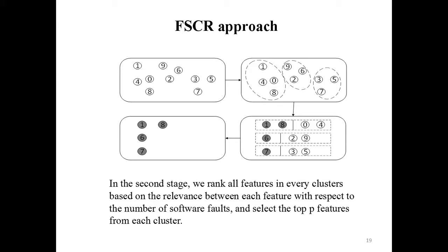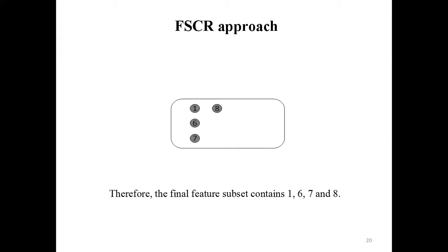In the second stage, we rank all features in every cluster based on the relevance between each feature and the number of software faults, and select the top P features from each cluster. Therefore, the final feature subset contains features 1, 6, 7, and 8.